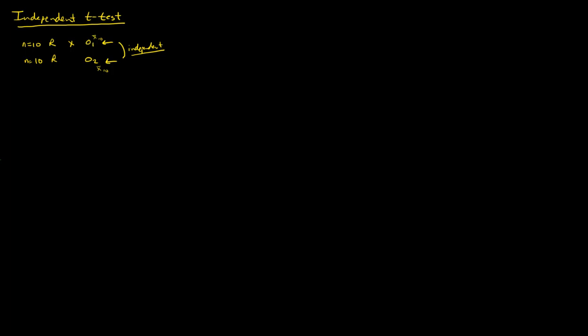So let's look at the equation here. To calculate the actual t equals the mean of group 1 minus the mean of group 2, all divided by this new term for us, which is the standard difference between the means.